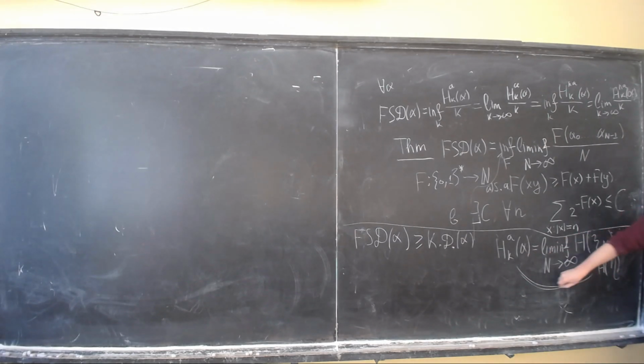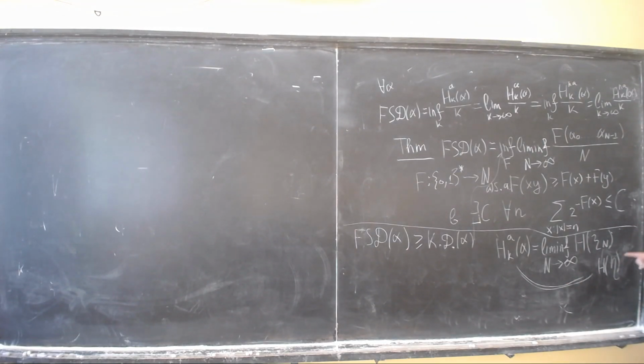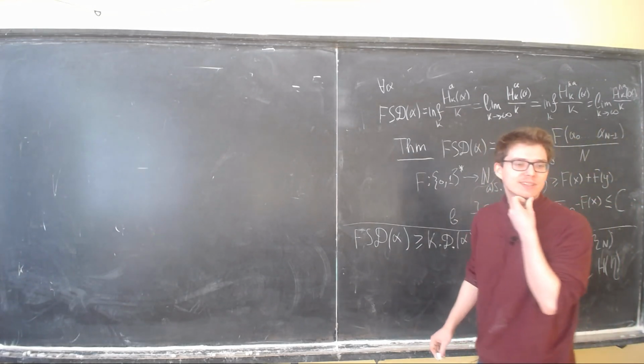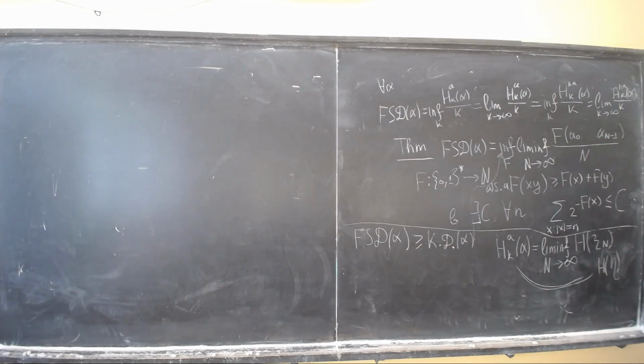And eta is a distribution on k bits. You should also write the subscript k in the right hand side.